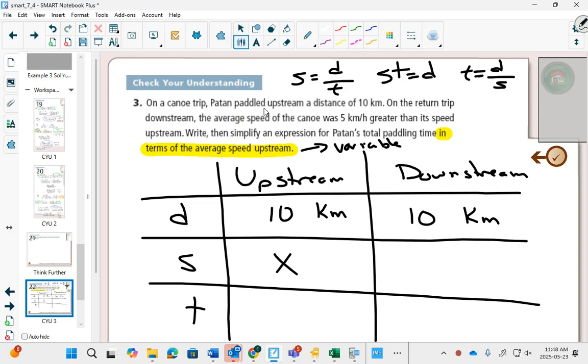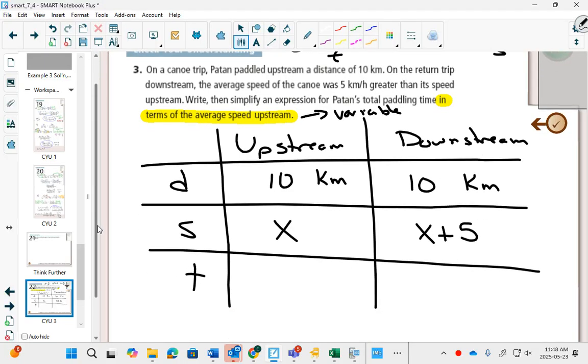Some people say, I just like using X. So if you want something in terms of the average speed upstream, that's going to be your X. We don't know the downstream speed either, but everything has to be in terms of the average speed upstream. So if this was X, how fast is this? X plus 5, because it tells us that it's 5 kilometers per hour faster downstream.